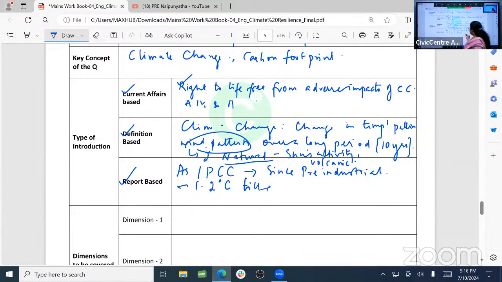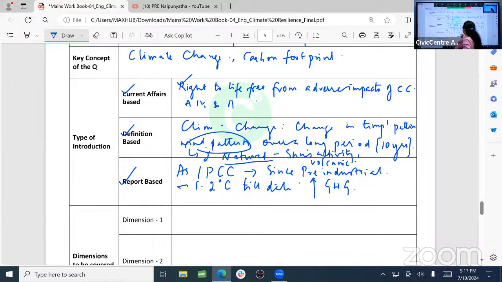Now, why is it so? It is due to climate change and increased greenhouse gas emissions. Now we know how variously you can write, based on a report, a definition, or current affairs. We have given 3 types of introductions.